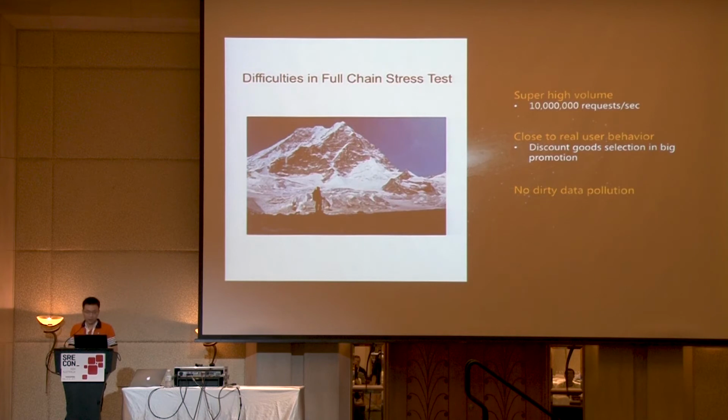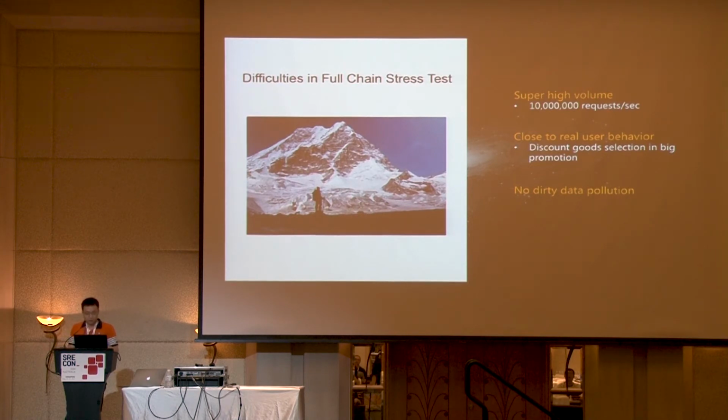Although it is not hard to think of this idea, it is not easy to simulate Double 11. Because on that day, we have hundreds of millions of people on Alibaba selecting and purchasing millions of different products.